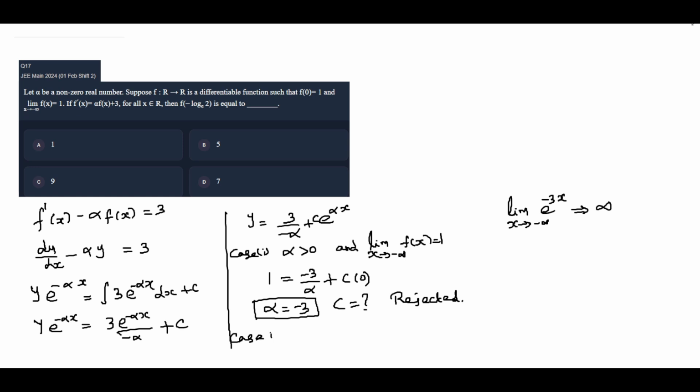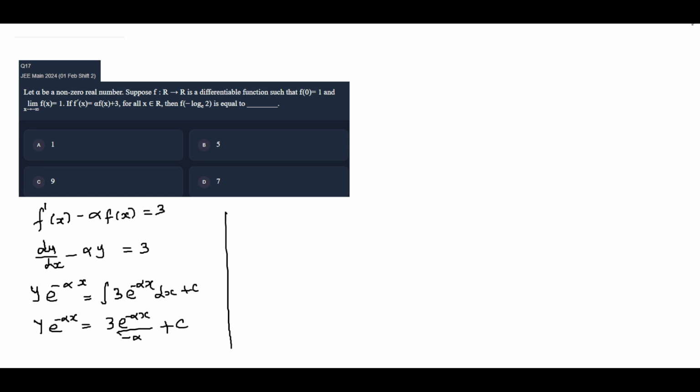So we are discussing case 2, alpha less than 0, and we need to consider c. So limit x tends to minus infinity. So y equal to, just directly write, y equal to 3 by minus alpha plus c e power minus alpha plus alpha x.